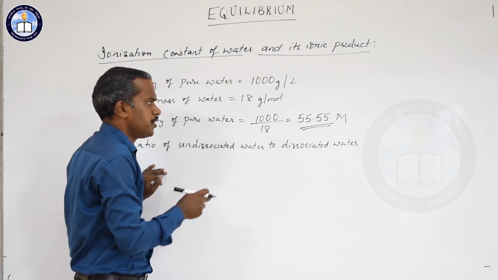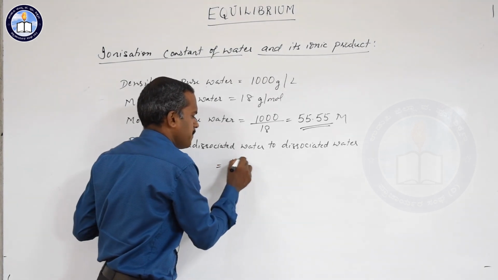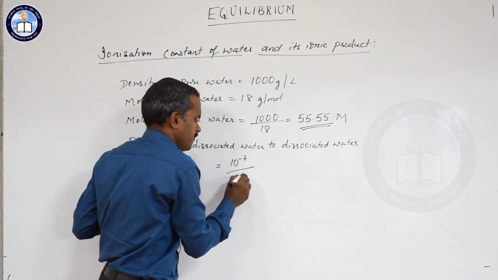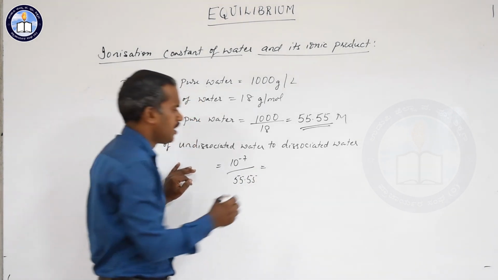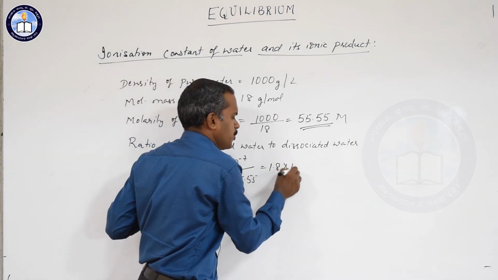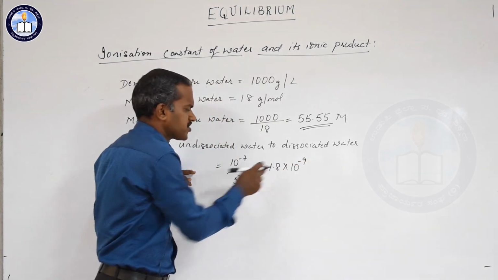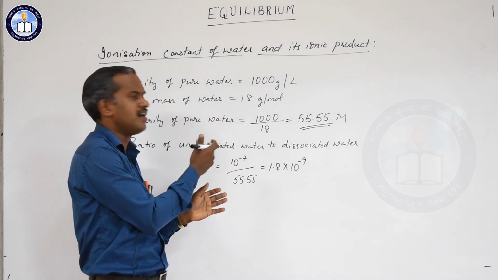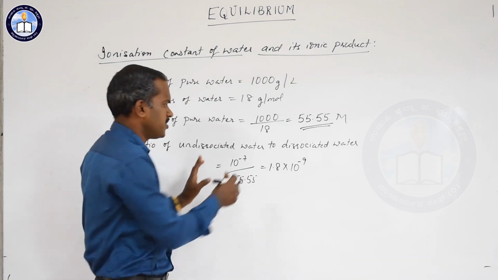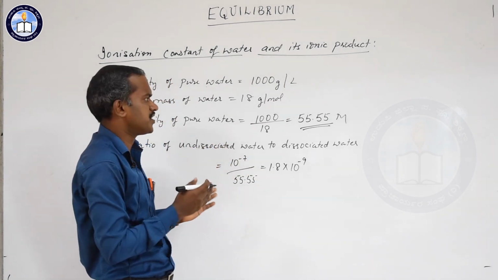We can express it as 10 to the power minus 7 divided by 55.55. It comes to around 1.8 into 10 to the power minus 9, approximately equal to 2. That means the equilibrium is towards the undissociated water. From this you can understand the equilibrium is towards undissociated water.